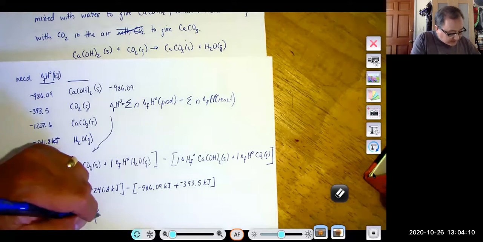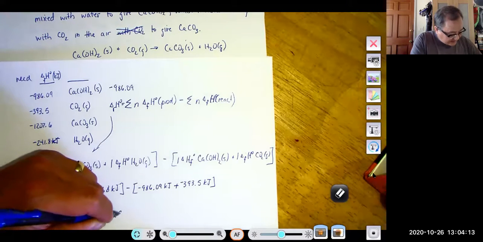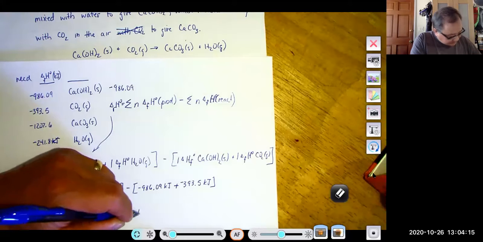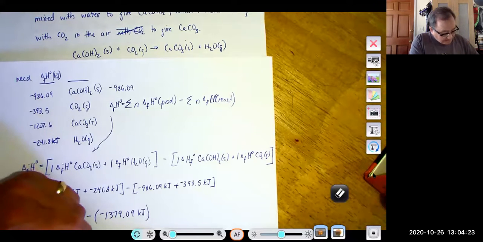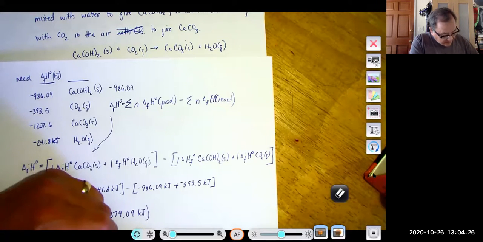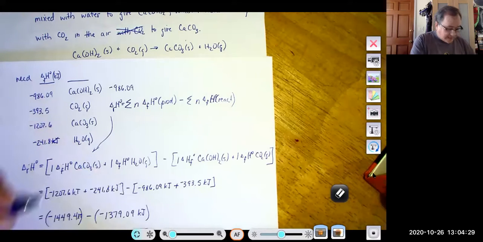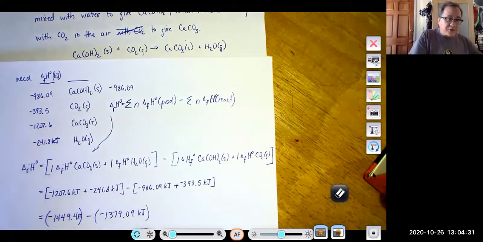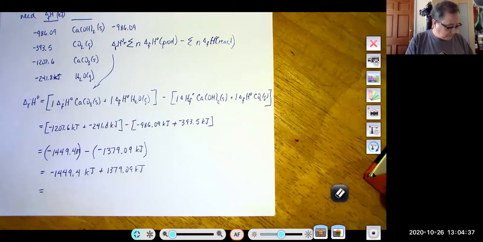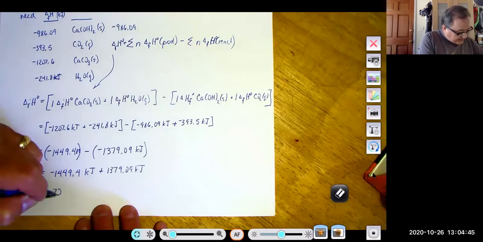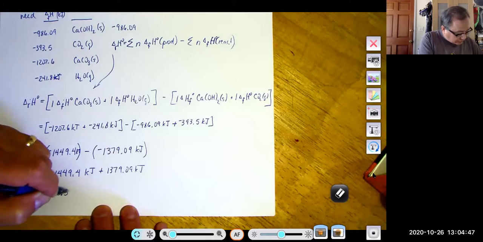And here I get negative 1379.09 kilojoules. And so that becomes minus 1449.4 kilojoules plus 1379.09 kilojoules. And this is the hardest part about this problem, is keeping track of the pluses and minuses. And I get negative 70.31 kilojoules.